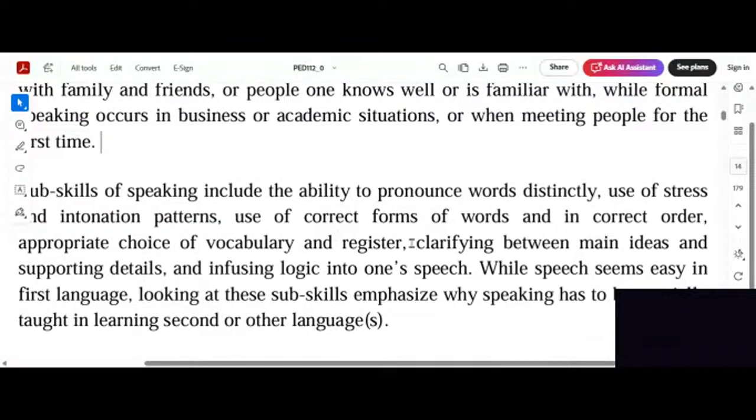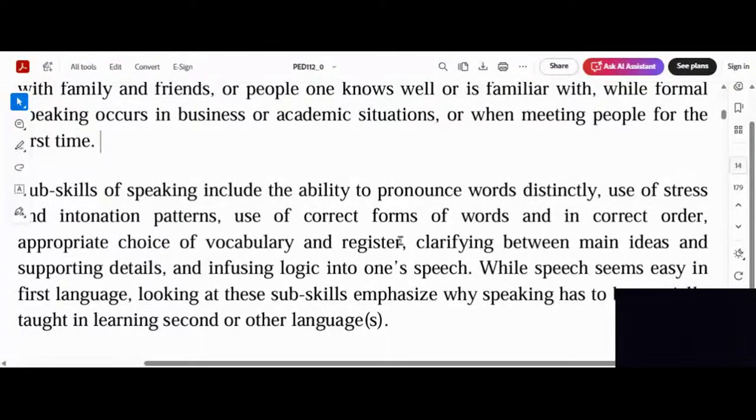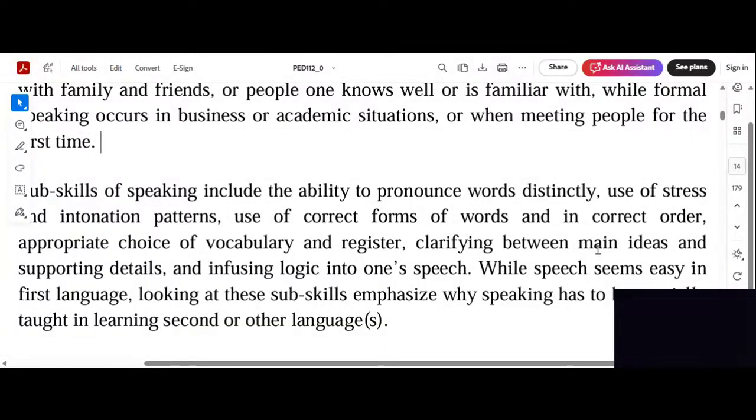So your register is just the words you've already saved in your vocabulary, or register of words. We are talking about science now or about medicine. Medicine has its own register that contains words that are related to medicine. So clarity between main ideas and supporting details.